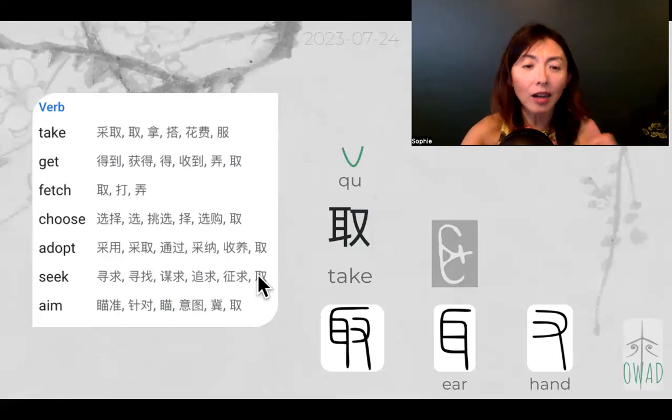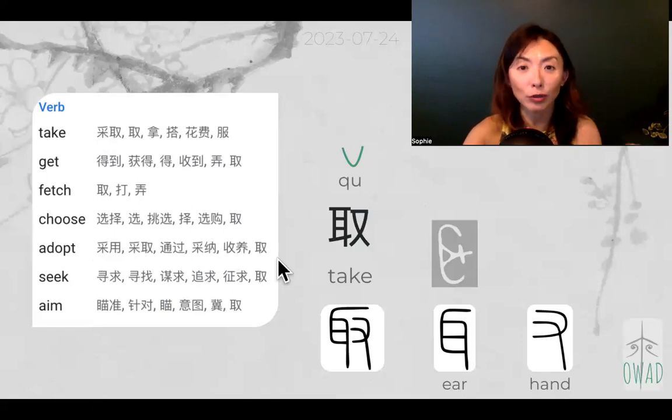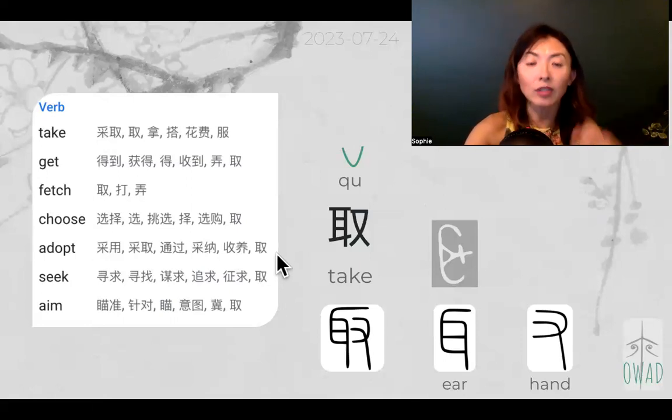Even with only one 取 without pairing with anybody, you can tell by the context. 采取 can be used as adopt too, because it means you are going to use something that you don't normally use, but it's a contextual use. You use it because the conditions are met, therefore you adopt your method or your approach to something.